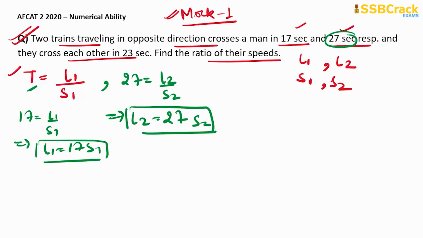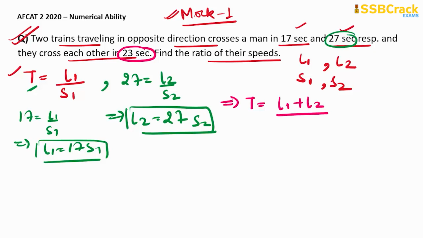Now one more thing is given in this question, and that is they cross each other in 23 seconds. So we can directly use the formula for finding the time when two trains traveling in opposite directions cross each other. This formula is given by t is equal to the sum of lengths of both the trains, that is L1 plus L2, divided by the relative speed.